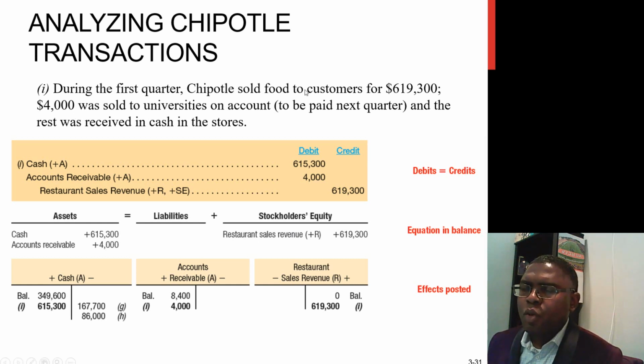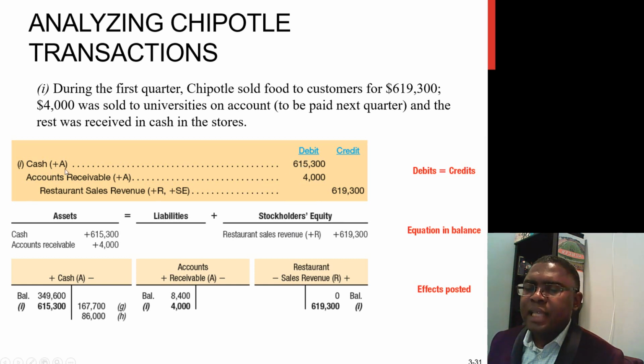So Chipotle sold food to customers for this amount, and then 400 was on account. So from this total amount, 619,300, when we subtract the 400 that was on account, which will be accounts receivable, it implies that the balance is the cash they receive.